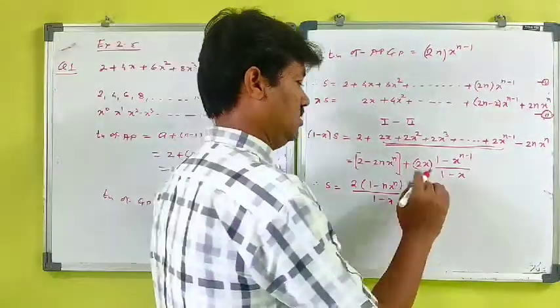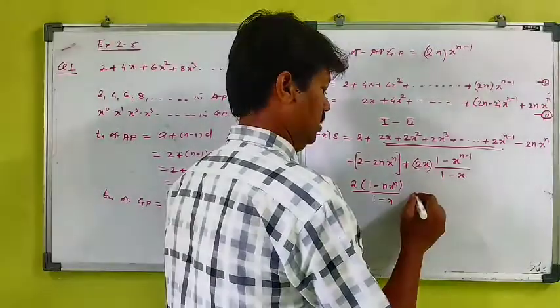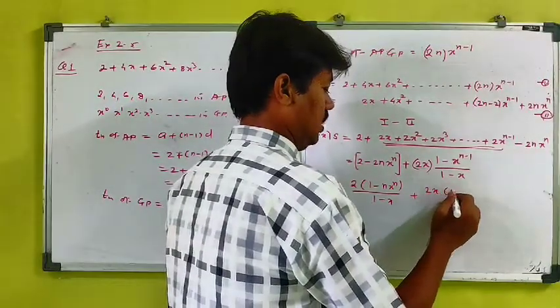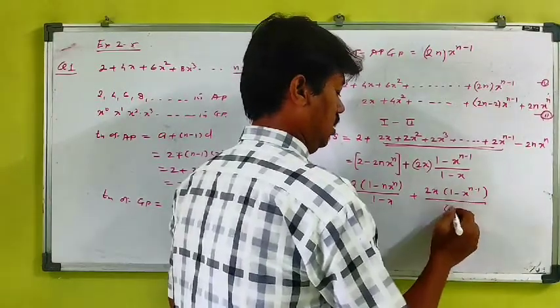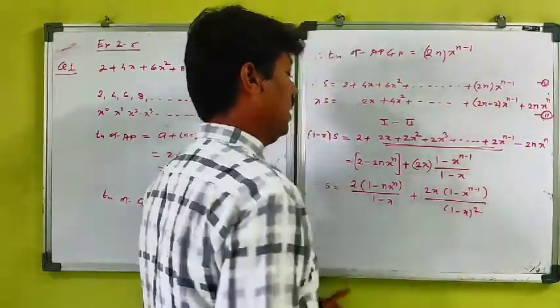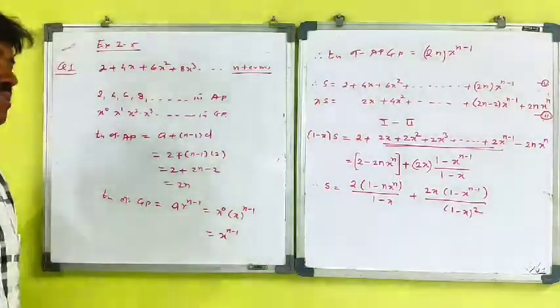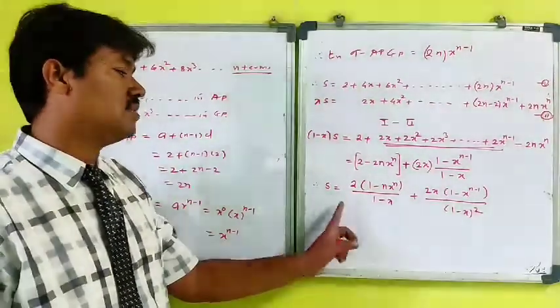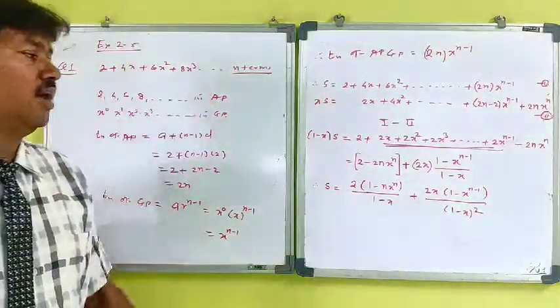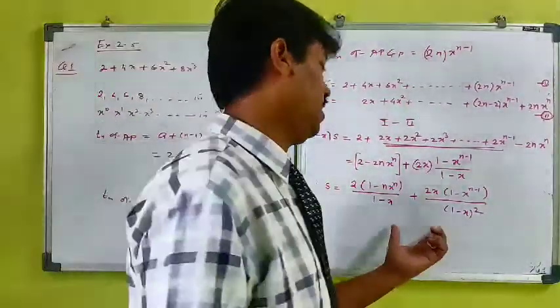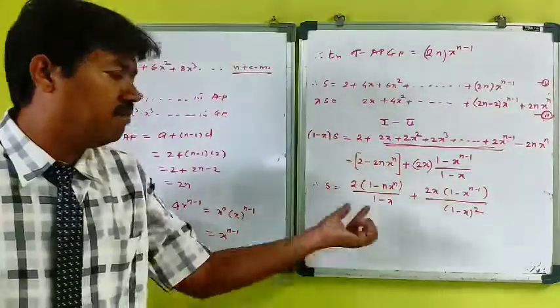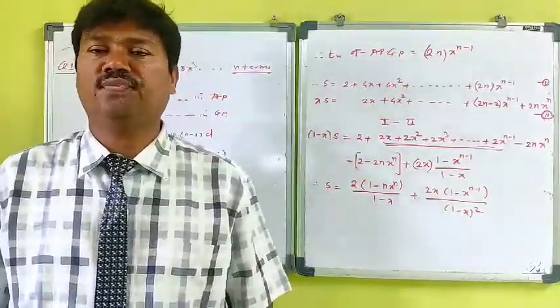And here it is 2x into 1 minus x plus 2 into n minus 1 upon 1 minus x squared. So like this, that is the sum of n terms in this AGP. That is the answer for this. That's very easy because we divided by 1 minus x here. So that is the answer.